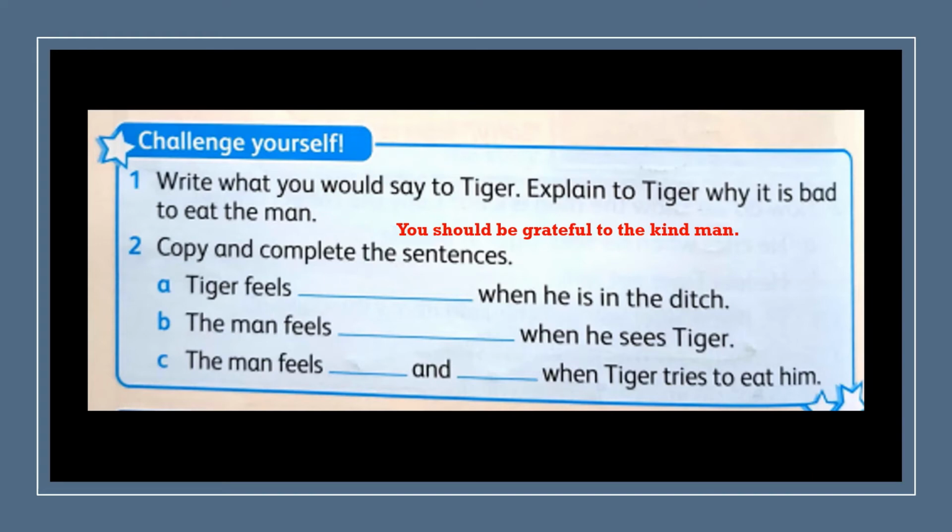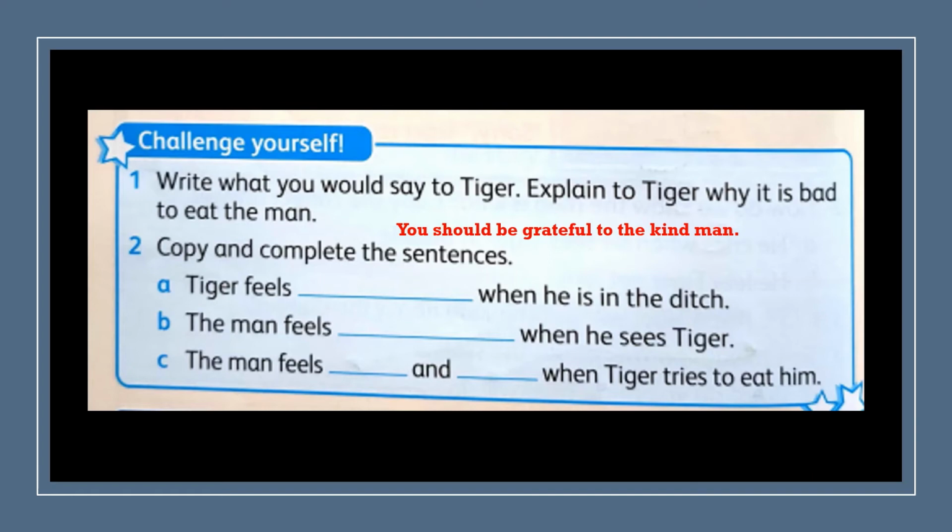Copy and complete the sentences. Now we are going to complete these sentences using a suitable describing word. Remember that every time we have the verb feels, which describes the feeling. Okay? A. Tiger feels how when he is in the ditch.